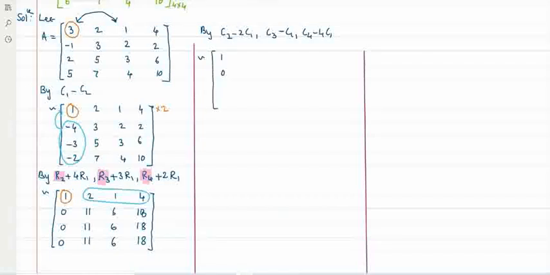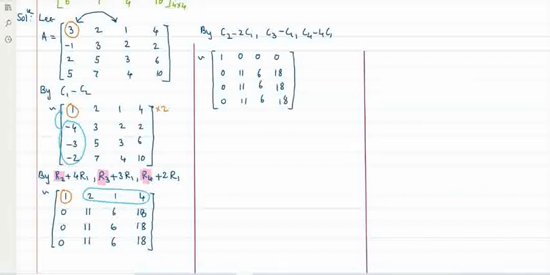First column 1, 0, 0, 0. Obviously, when you apply such a transformation, only the elements rounded by blue color become 0. 11, 11, 11, 0, 6, 6, 6, 0, 18, 18, 18.